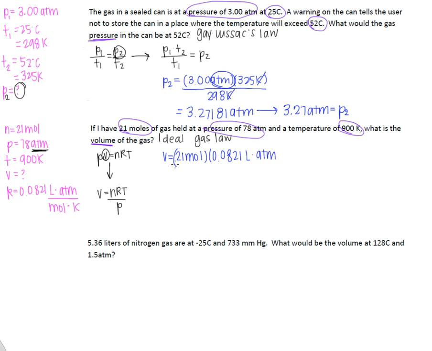And if you want to, you can go ahead and draw a line and put moles times K in the bottom, times temperature. My temperature is 900 K. Okay, and that's all over a pressure of 78 atm.